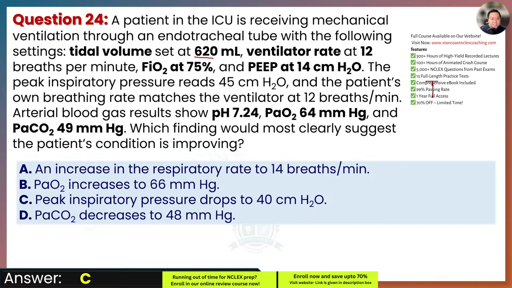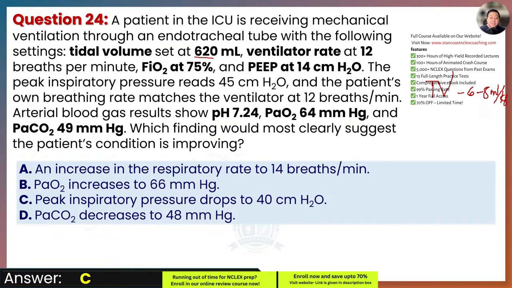This is going to be adjusted based on the patient's condition. Could be ARDS. ARDS may use lower volume, closer to about 4 to 6 mL per kilogram.